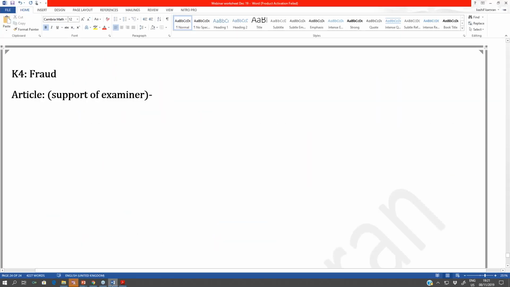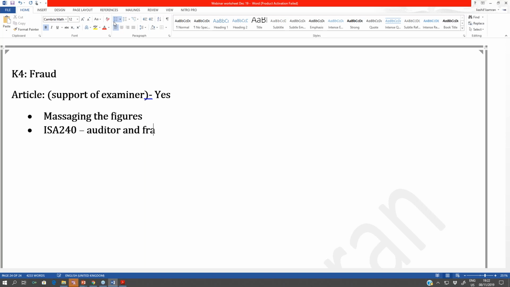So articles, support of examiner, yes. And there are 2 articles. Number 1, massaging the figures. And number 2, ISA 240, auditor and fraud. So no need to go to the books. Just read these 2 articles, make your notes, and then you can solve the past papers.